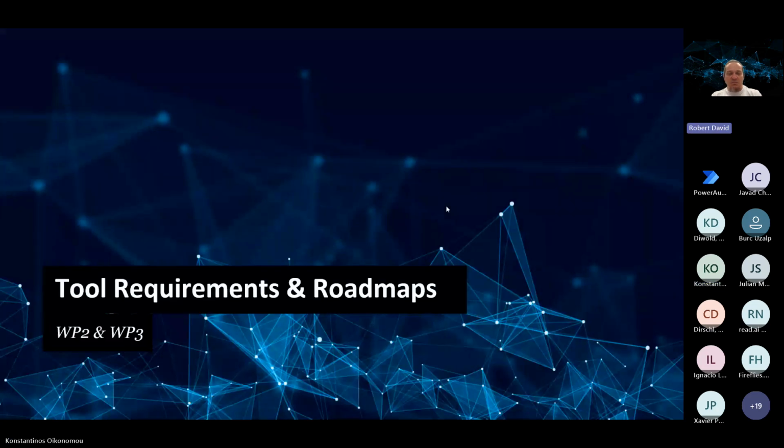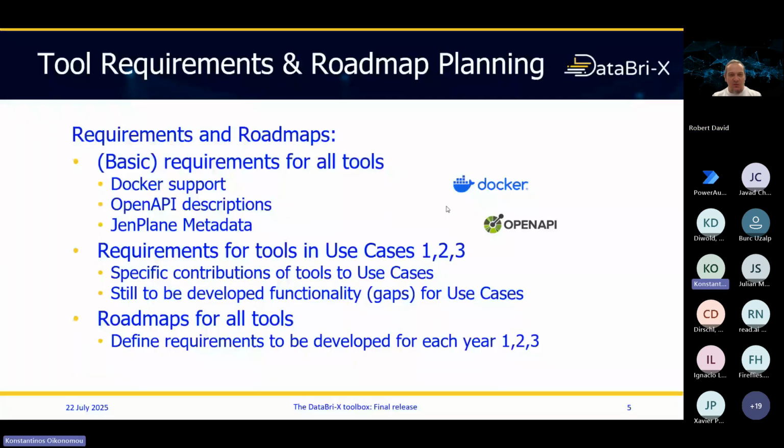Okay, so beginning with requirements and how we defined the roadmaps. We basically started with, of course, Champlain, Argo needed some sort of standardization so that we have some common requirements fulfilled so that the tools can be operated by Champlain. Javad already talked about that we run on Docker.